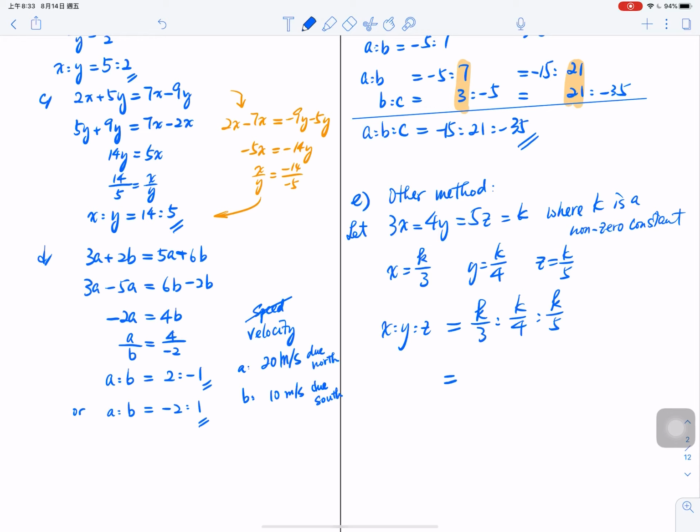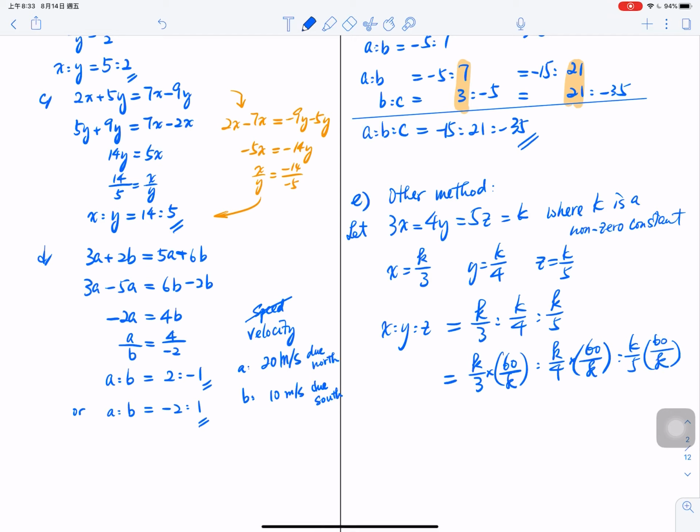Okay? Think about it. K over 3 times what value, same as k over 4 and k over 5. Yeah. You know 3, 4, 5, you get the LCM is 60, right? You can multiply this by 60 over k.